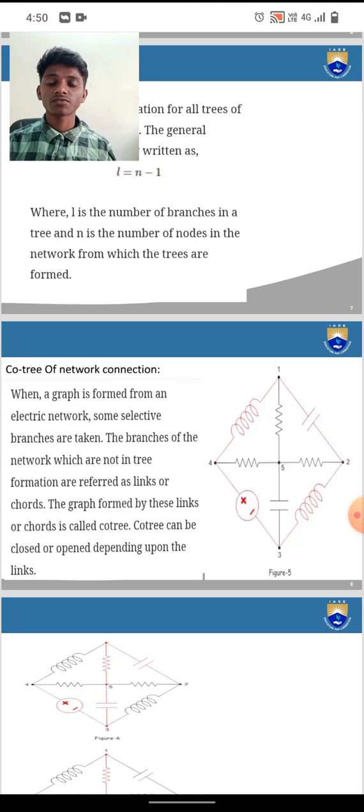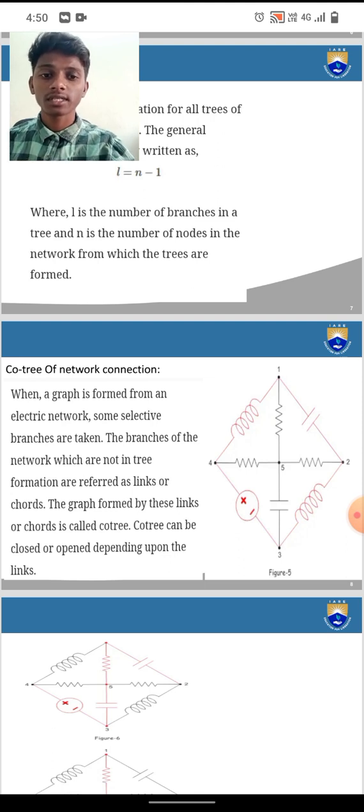When a graph is formed from an electric network, some selective branches are taken. The branches of the network which are not in the tree formation are referred to as links or chords. The graph formed by these links is the co-tree.